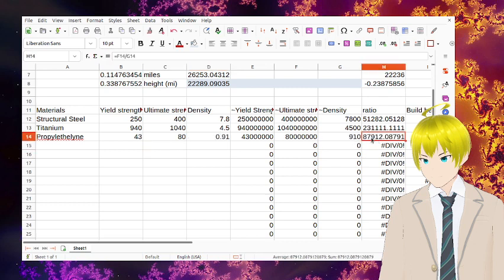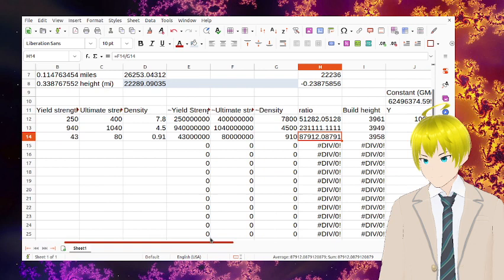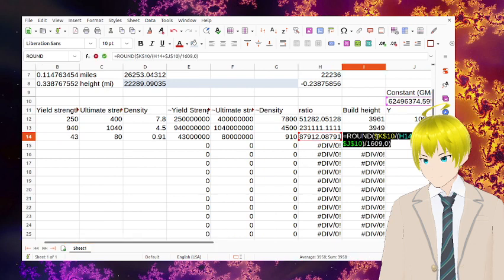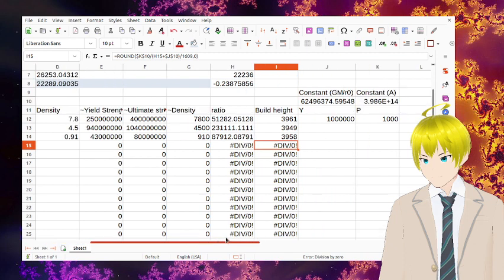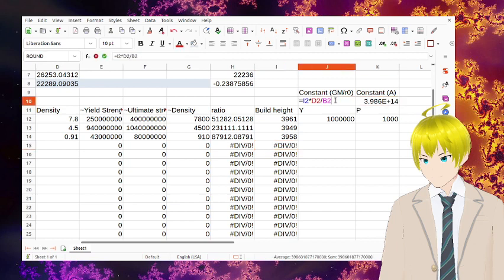We can actually get to... wait, what? Is this right? Oh no, that's just the ratio. Oh, no, it's about the same. It's about 3,000... This makes me suspicious that something's going wrong in our formula. The fact that these are all the same means that this constant here is very big, right?